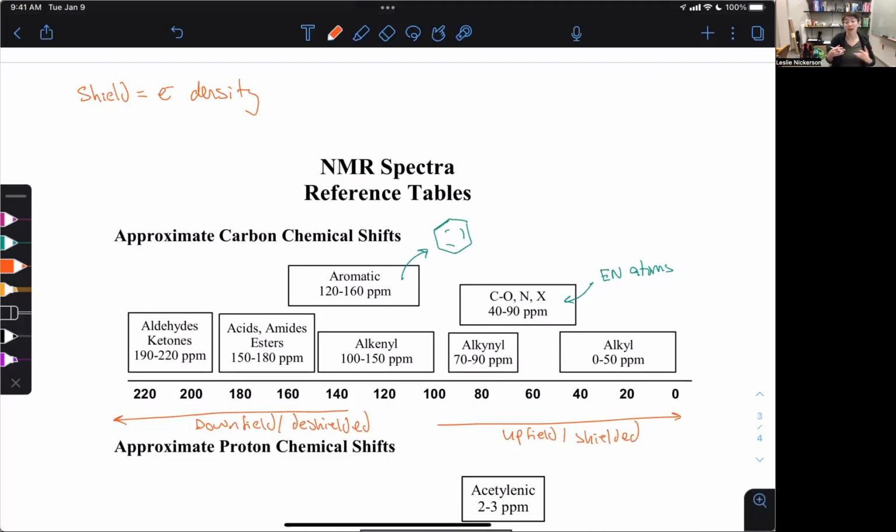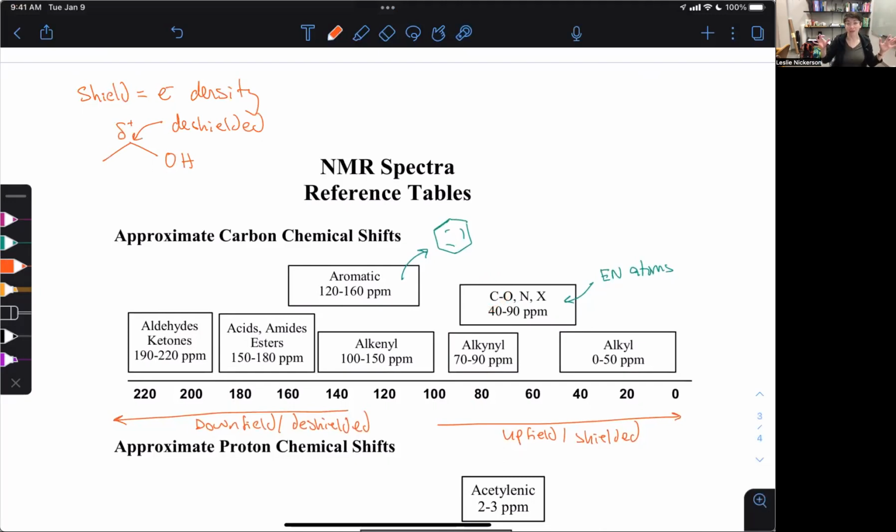Let's talk about carbon. If I have a carbon connected to an oxygen, this carbon is delta plus, so it's getting deshielded.